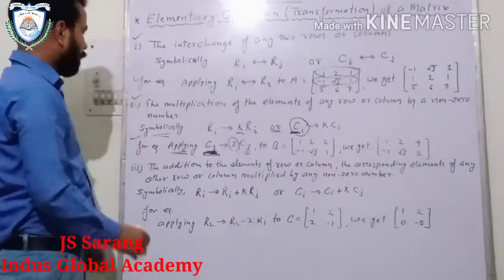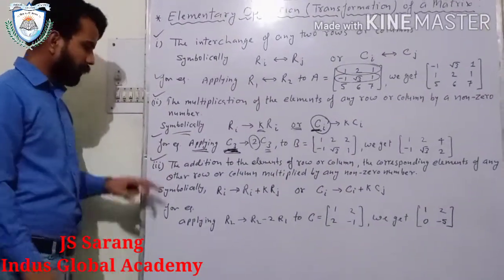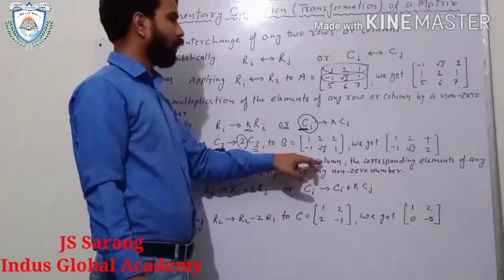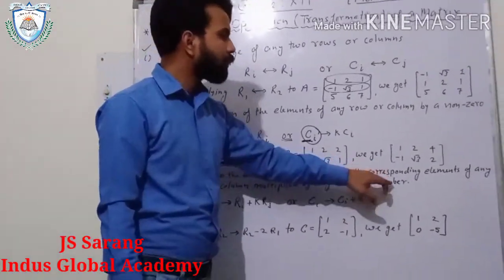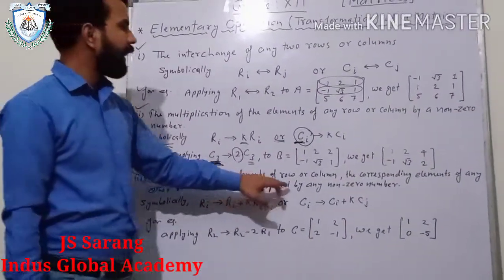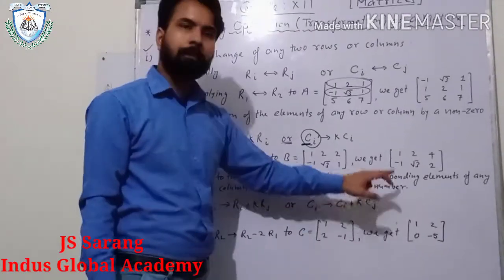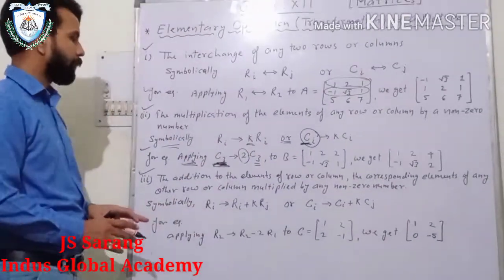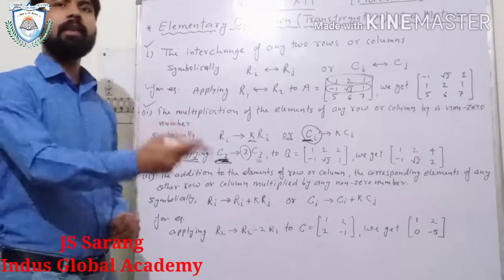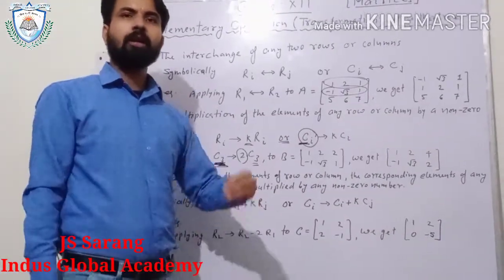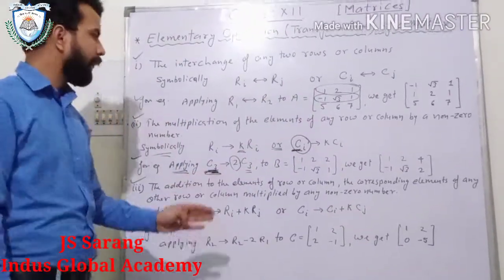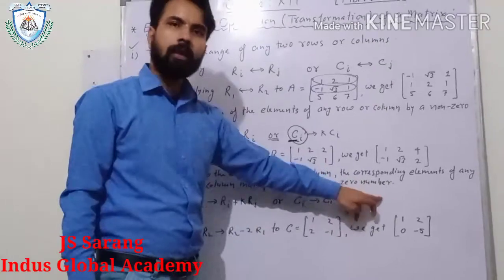Okay. The third operation is the addition to the elements of a row or column, the corresponding elements of any other row or column multiplied by any non-zero number. What is the meaning of this operation? We can add the elements of any row with the corresponding elements of another row by multiplying by a non-zero number.